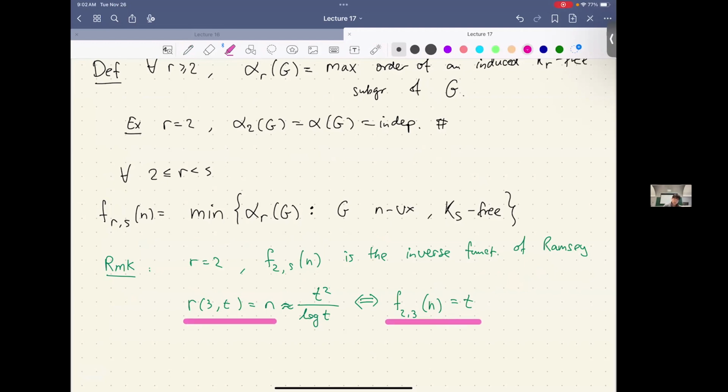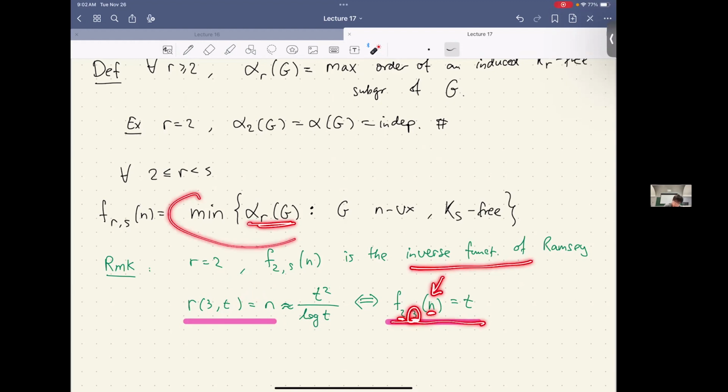Every n vertex triangle free graph contains an independent set of size t. Here, every n vertex triangle free graph must have alpha of G at least this minimum one, which means it has an independent set of size t. It's the same.